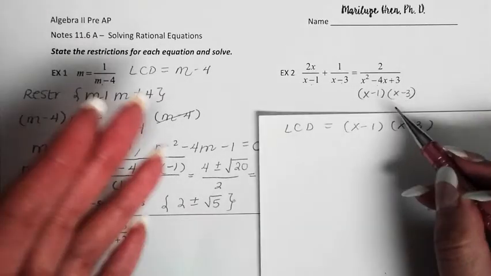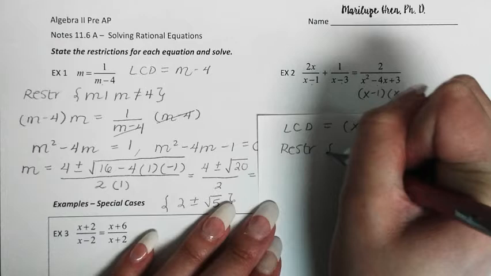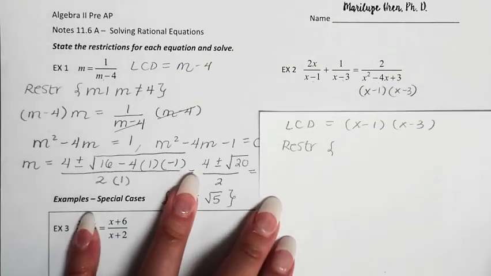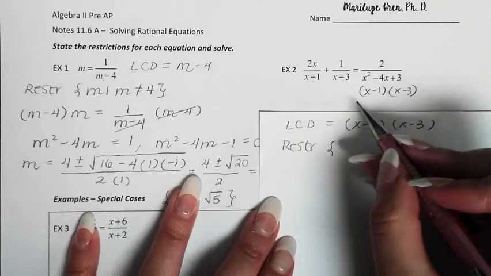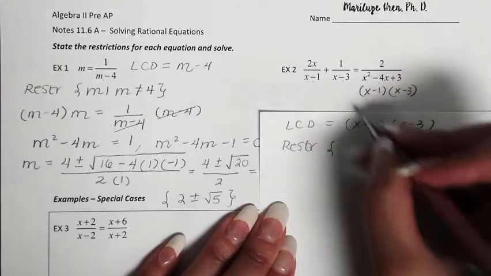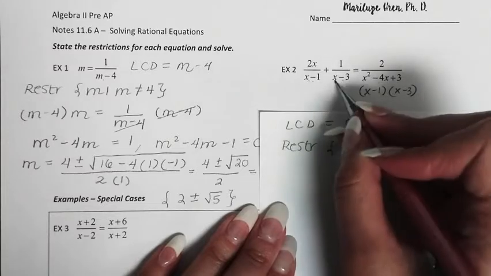So that's your least common denominator. The next thing that you are going to do is the restrictions. If I want to find my restrictions in this situation, you need to find all the values where your denominator is equal to 0, and then exclude them. So it cannot be 1, it cannot be 3.